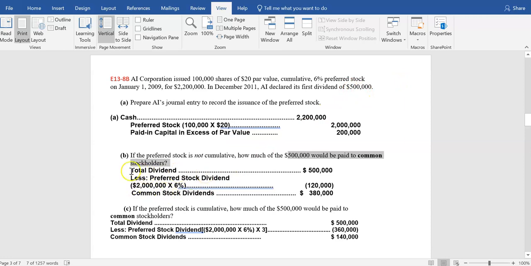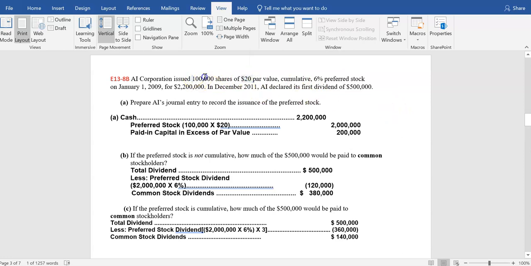When a dividend is declared by the board of directors, we always pay the preferred shareholders what they are owed first. To figure out how much the preferred shareholders are supposed to get, we will take the stated dividend rate. This stock has a 6% preferred stock dividend rate, which means shareholders of preferred stock will receive 6% of the par value of the stock in dividends.